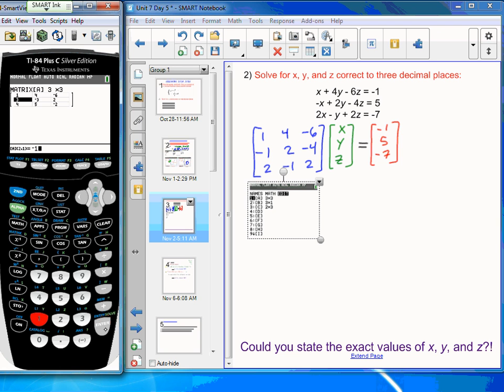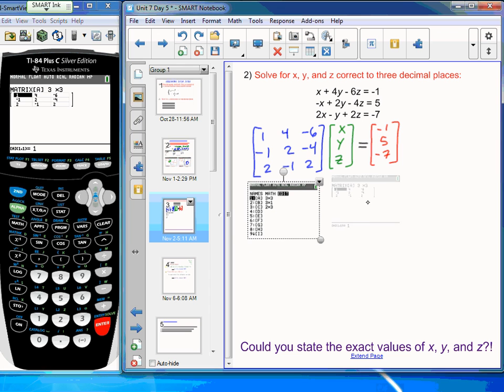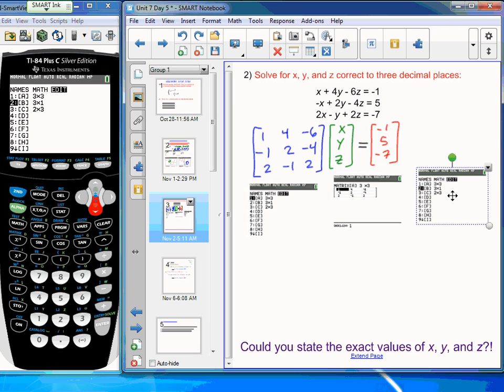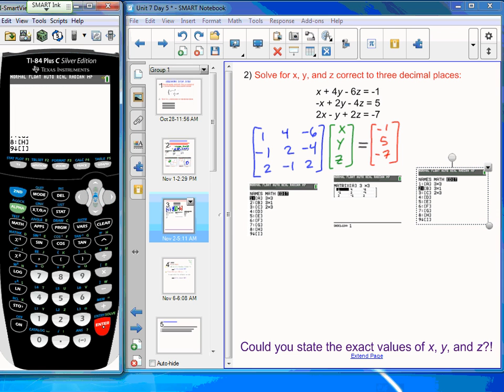Negative 1, 2, negative 4, 2, negative 1, 2. Everybody good? Did I do that right? Catch me if I make a mistake. I'm going to edit matrix B, and I want that to be a 3x1. And it's going to be negative 1, 5, negative 7.